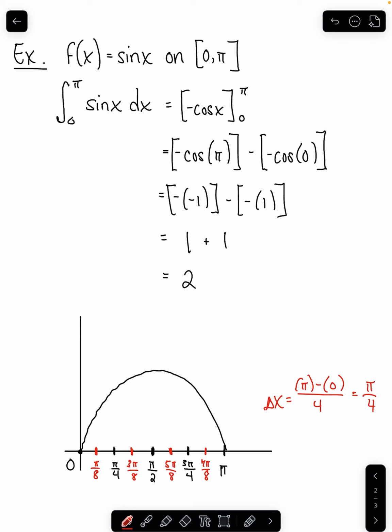And each rectangle then would be based on the height, the y value at the midpoint. Now, visually, this is what it looks like, but what's ultimately important is the red values along the x-axis, because those are the places where we're going to evaluate the function.